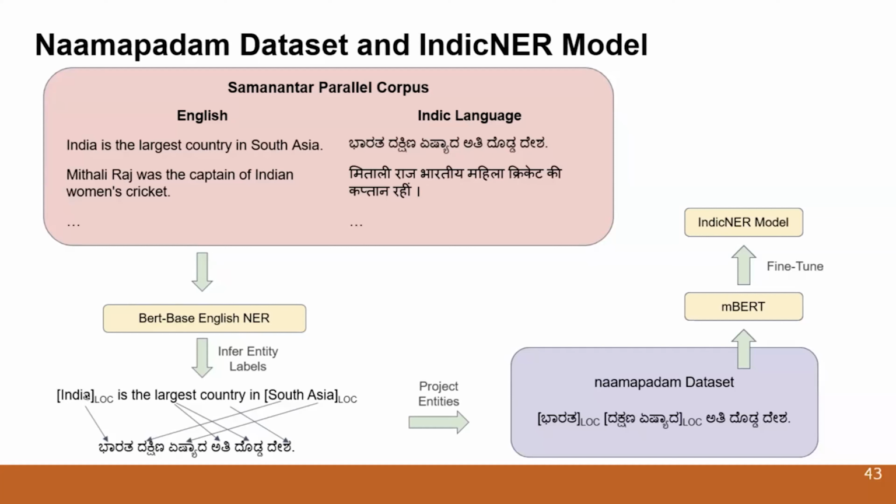So the location entity gets projected from India to Bharat. South Asia, again a location entity, gets projected to Dakshina Asia. Once we have projected these entities, we have created this Namapadam dataset. Then we fine-tune an MBERT model to get the Indic NER model. This model is trained on the data of around 11 languages.